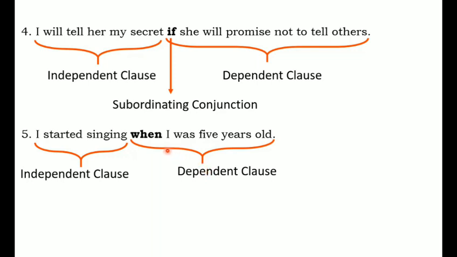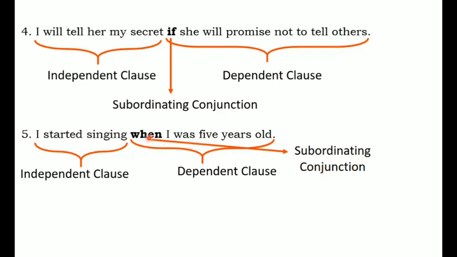Again, it expresses a complete thought only if it is connected with the independent clause. Nagkakaroon lang siya ng kahulugan kapag ito ay dinugtong mo dito sa independent clause. Alright. And here in the middle, the word when is our subordinating conjunction.